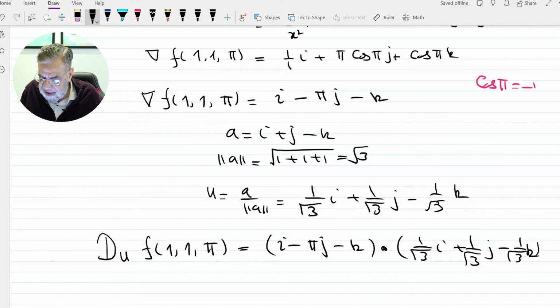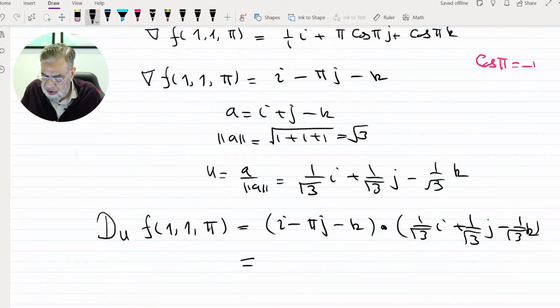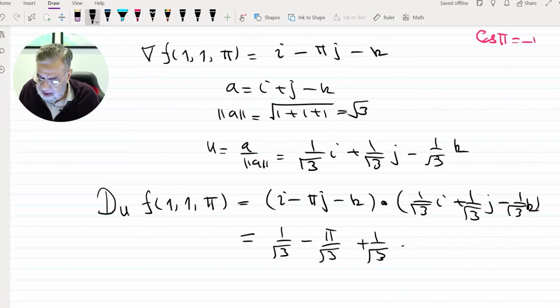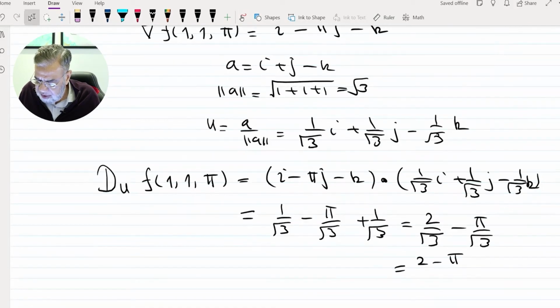We know the formula for the dot product. We use the formula, so we get 1 over root of 3 minus pi over root of 3 minus 1 over root of 3. So 1 over root of 3 minus minus becomes plus. I get 2 over root of 3 minus pi over root of 3. I write minus 2 pi over root of 3. That's my directional derivative of the function.